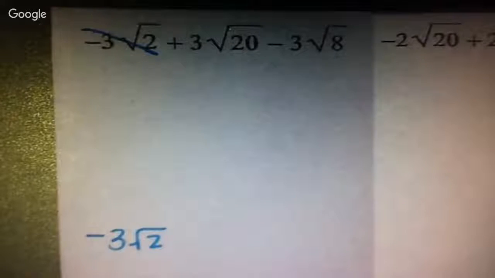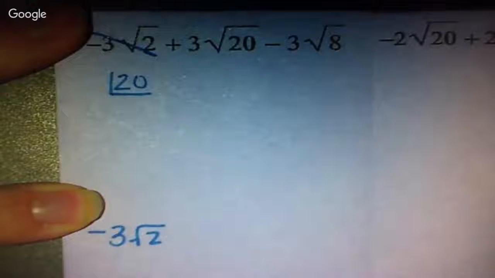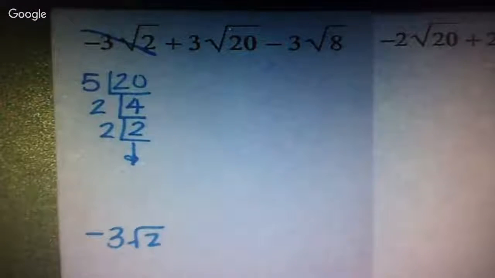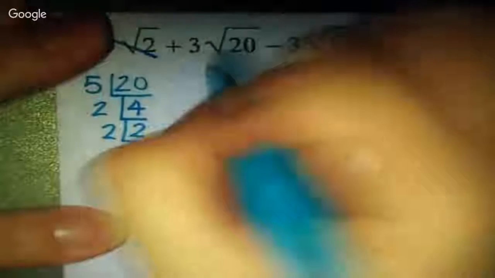20 is not in simplest terms yet, so I need to make it so. Let's take 20. I need a prime number that goes into 20. 5. I heard 5 first. If you did 2 first, that's fine. You still ended up with the same answer. It does not matter which one you actually did first. So this is 2, 2, and 5.